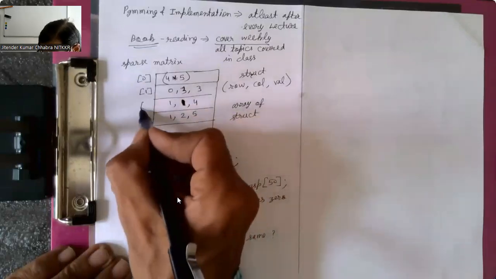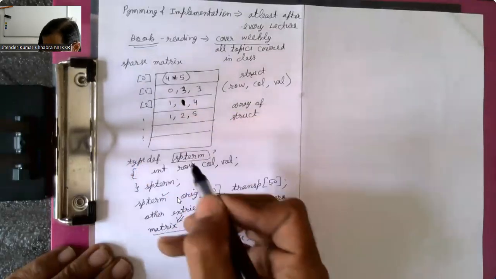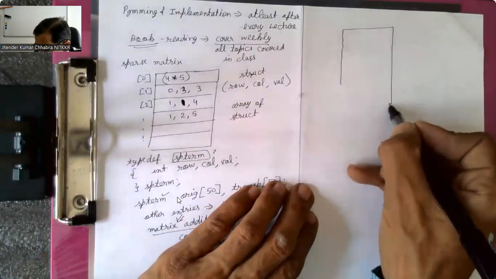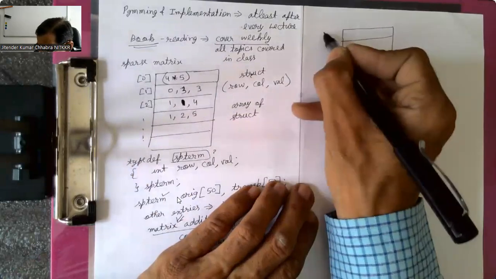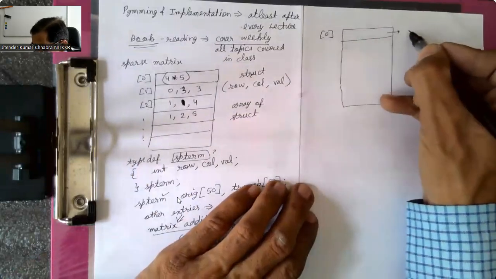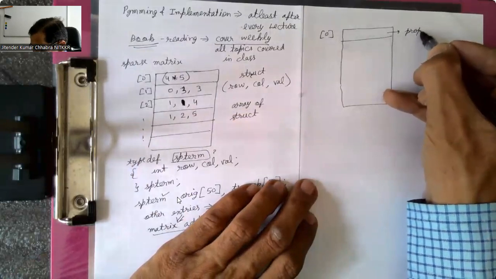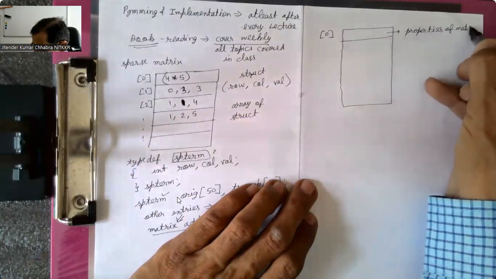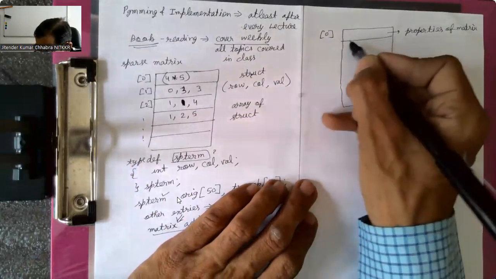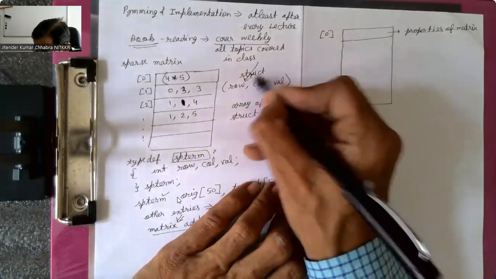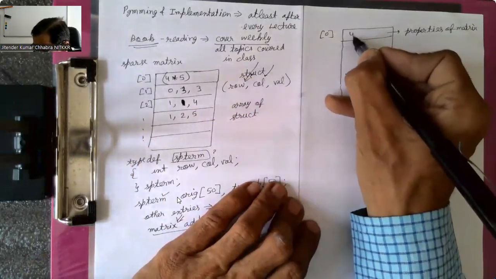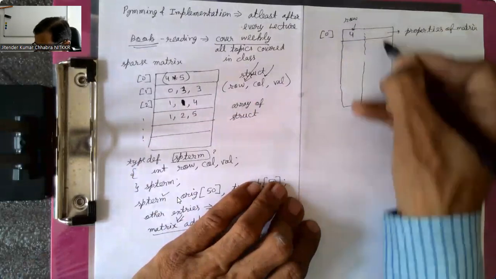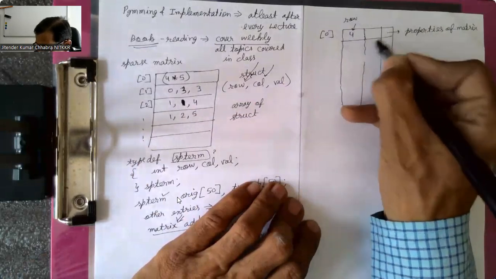So from this onwards, in this array of structures, my row 0 will have the properties of the matrix, and because here I have 3 different fields, I can say the first field which I'm using for the word row, maybe I can assume that they are partially like this.